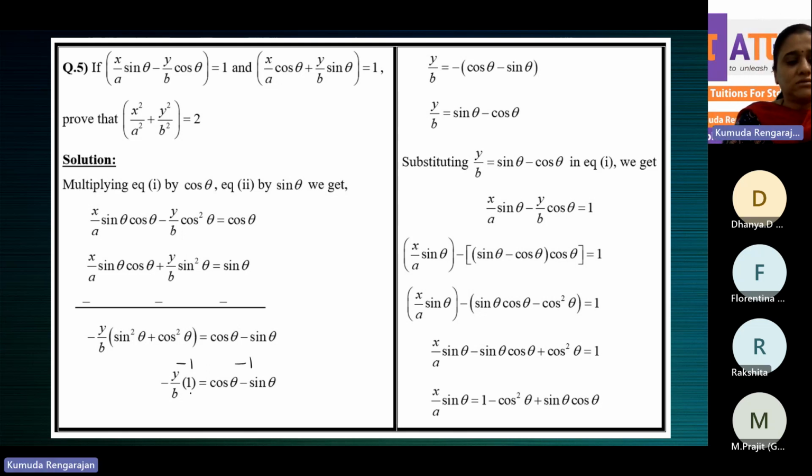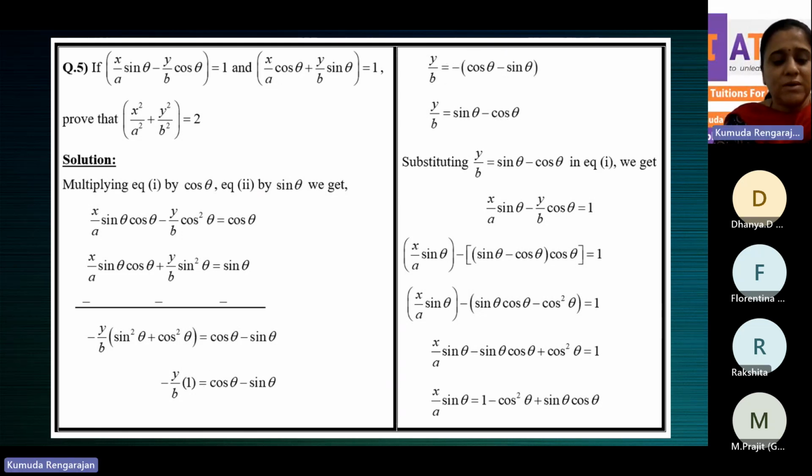This one is gone. Sin square theta plus cos square theta is 1. Then y by b into 1 is y by b only. So this becomes plus y by b. And that minus sign outside, we've multiplied, so it becomes minus cos theta plus sin theta.